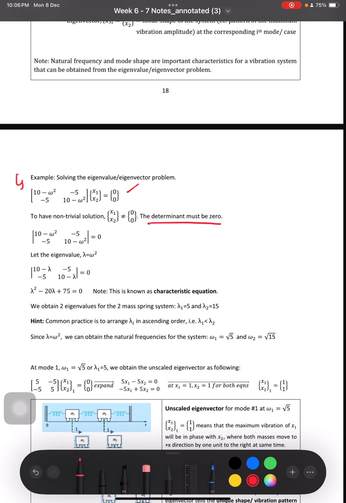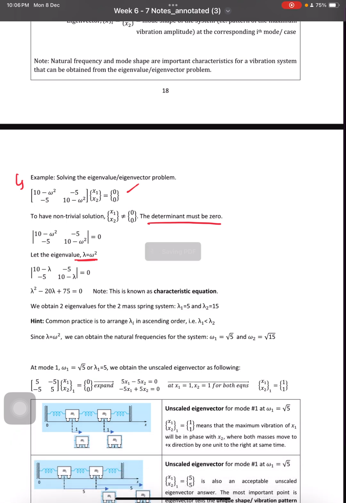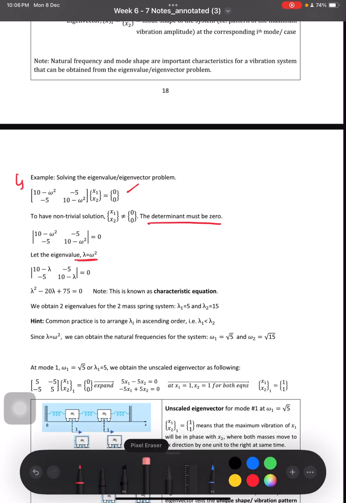Let the eigenvalue become lambda, and you replace the value of omega squared here with lambda. From here you find the determinant of this equation. So how do you find the determinant?